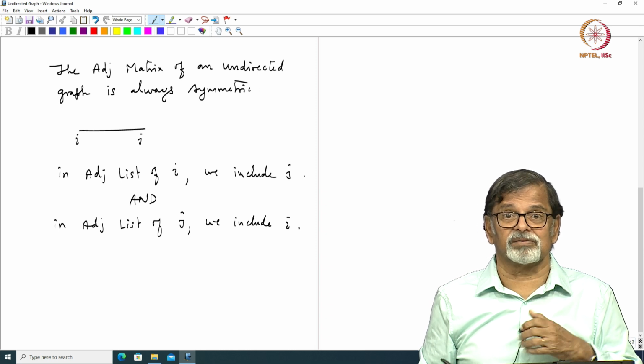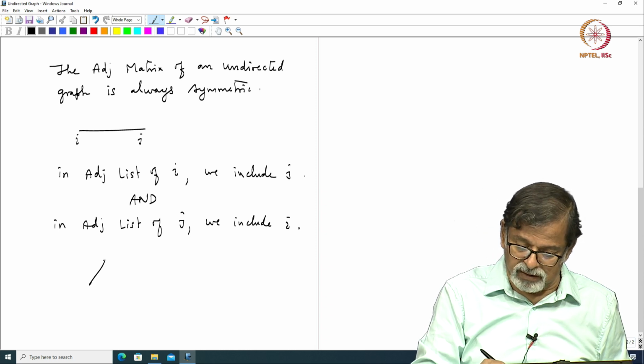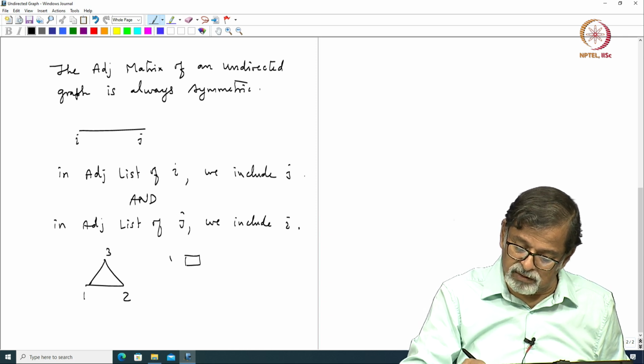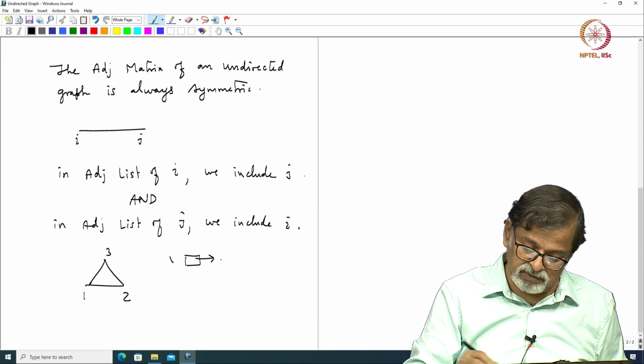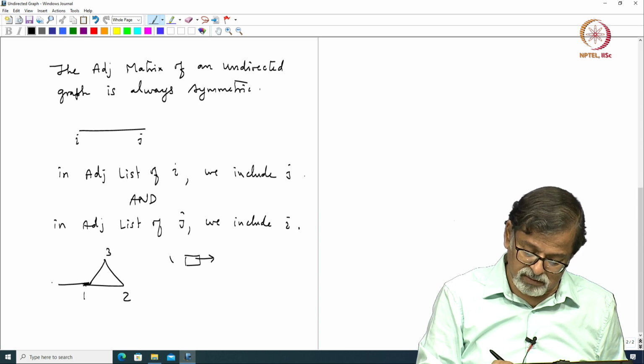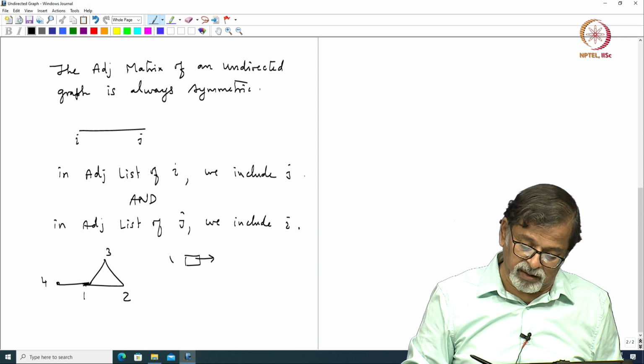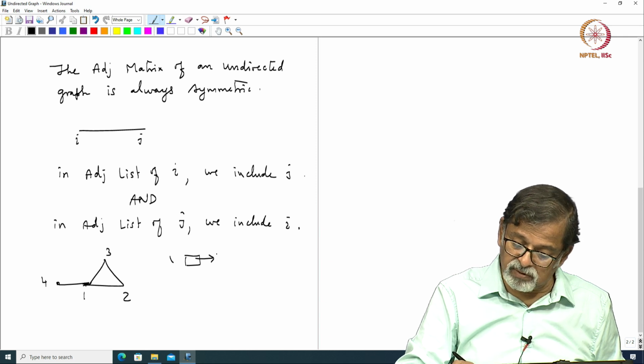Okay. So, to quickly illustrate, with vertices 1, 2, 3, the adjacency list of 1 will have, let us say, 2, 3 and 4.